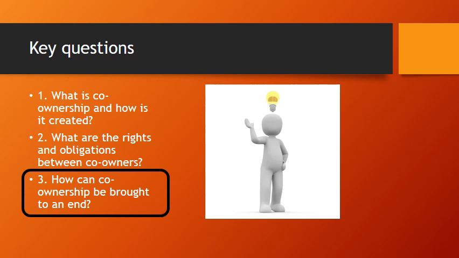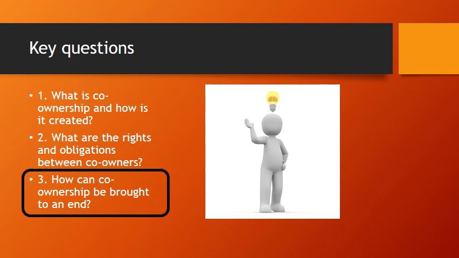In previous podcasts we've talked about what co-ownership is, and the differences between joint tenants and tenants in common. In the second podcast we talked about the rights and obligations between co-owners. You might recall we were talking about things like whether an occupation rent has to be paid if the co-owner is not in possession of the premises, and whether somebody can claim money for improvements that they've done.